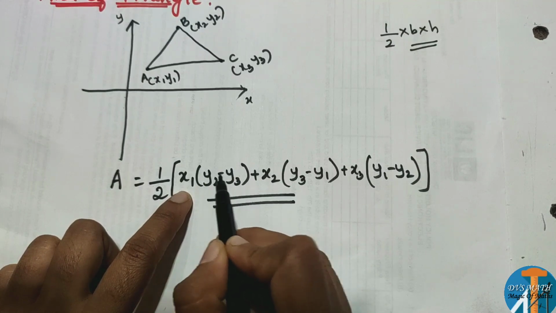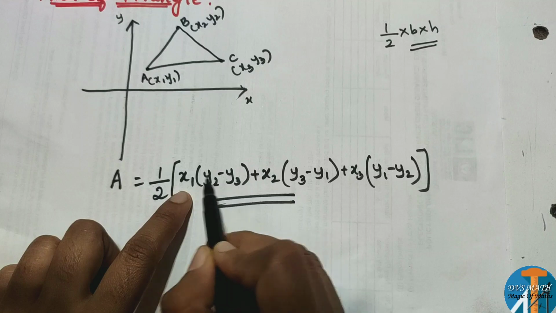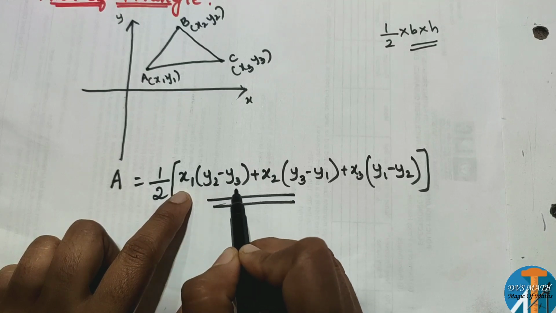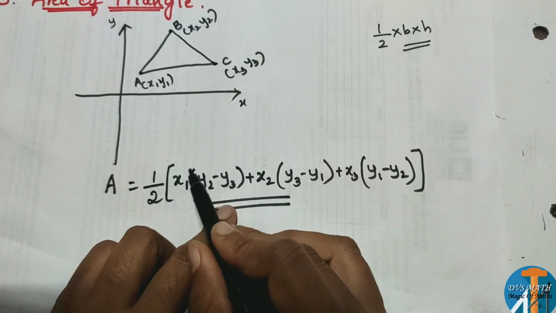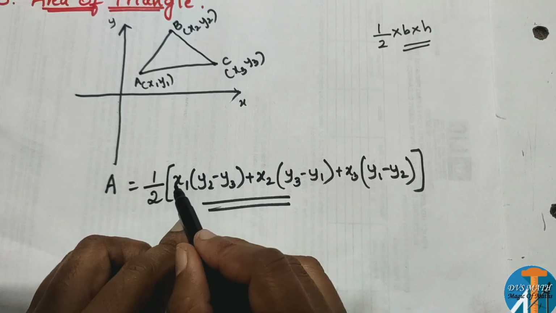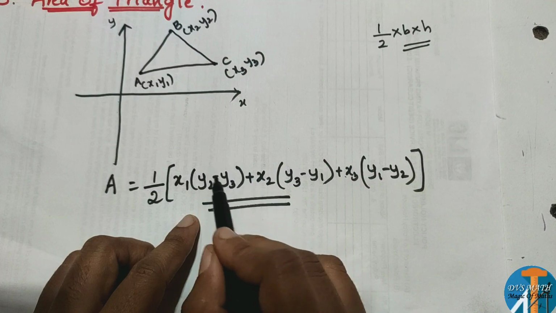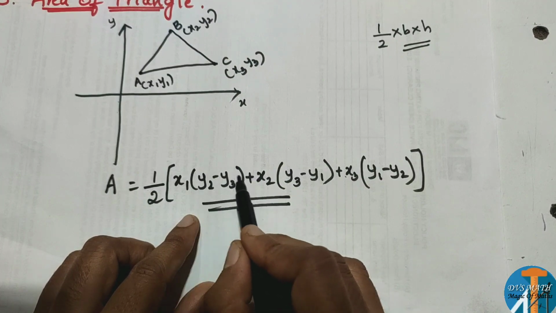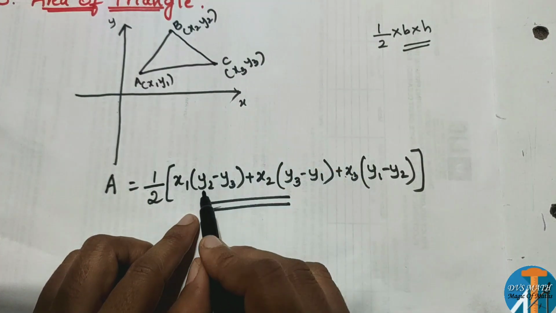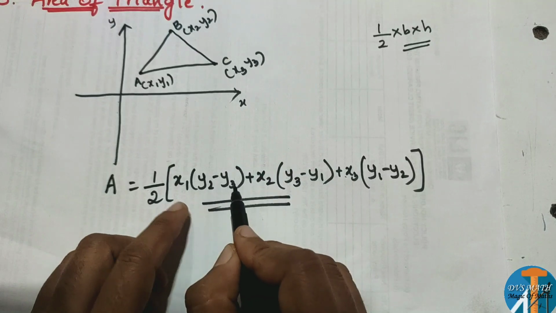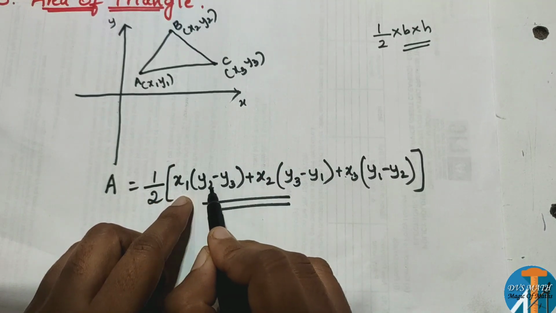Always remember, in all 3 cases we are multiplying x1, x2 and x3. In between is a minus, the subtraction of 2 y coordinates, and you have to take 2, 3 because you have taken 1.